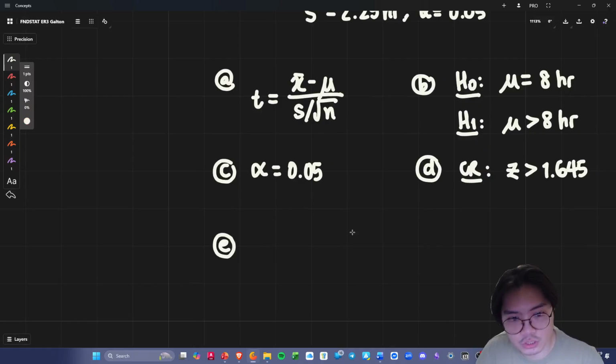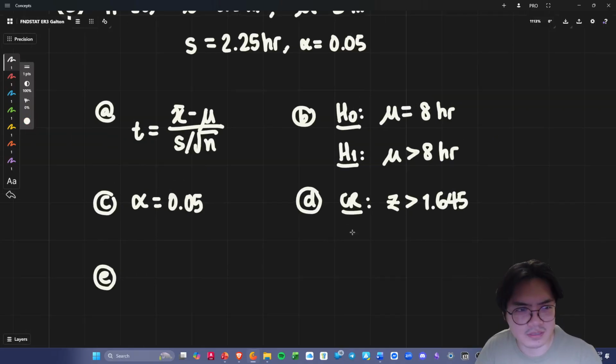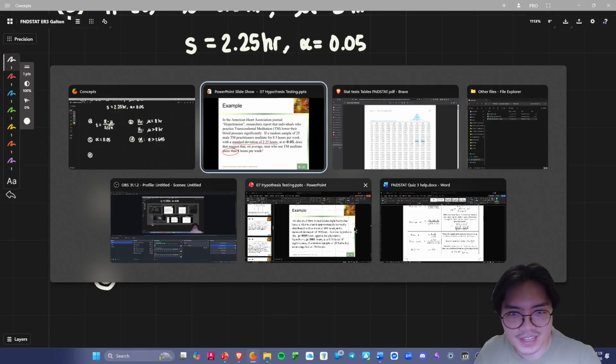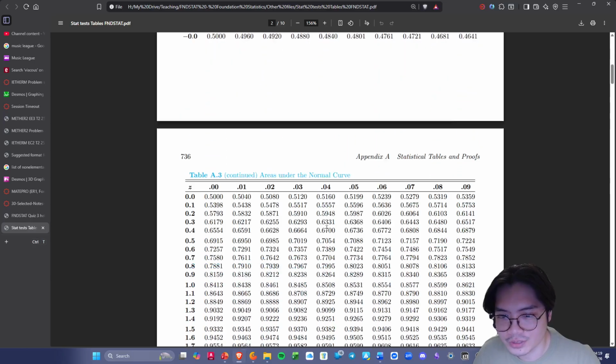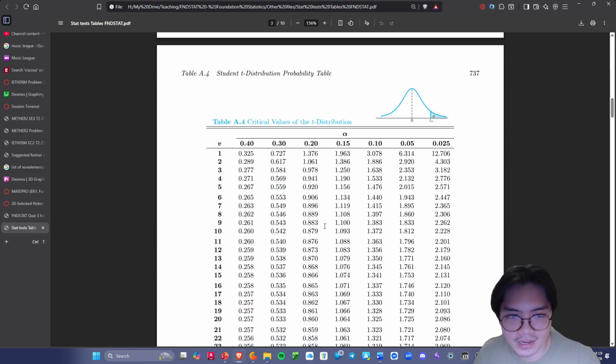Letter E, just do it. Oh, wait a second. Not Z test. This is the T test. That means we're going to have to go to this table right here afterwards, the critical values for the T distribution. We'll choose alpha of 0.05.